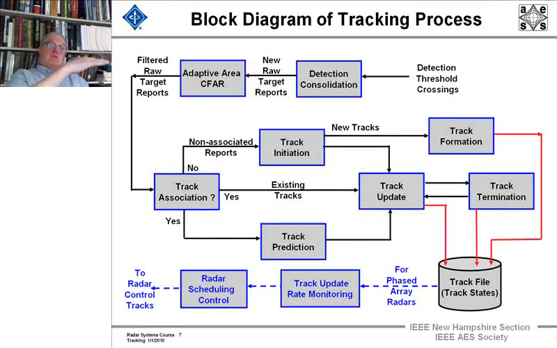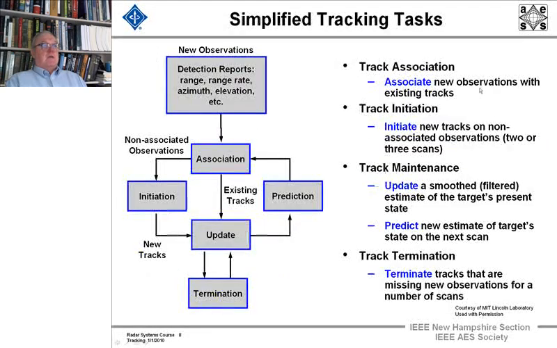Or if it's a slower track that needs less of an update, just update at a slower rate if its velocity is lower. Or if it's accelerating, you could send out batches of pulses to find which way it accelerated. So there's a great deal of flexibility that I wanted to point out, in this complex radar scheduling controller that phased array radars can have. But this block diagram here works quite well on dish radars that do track-while-scan.